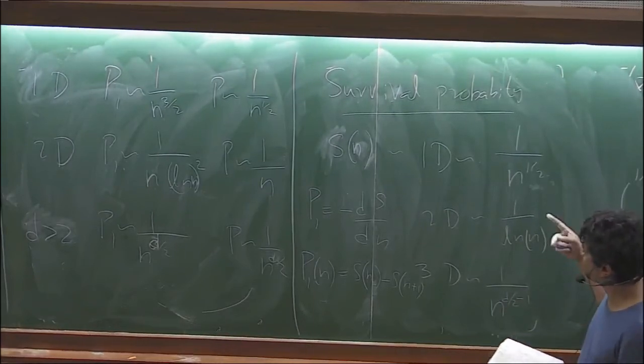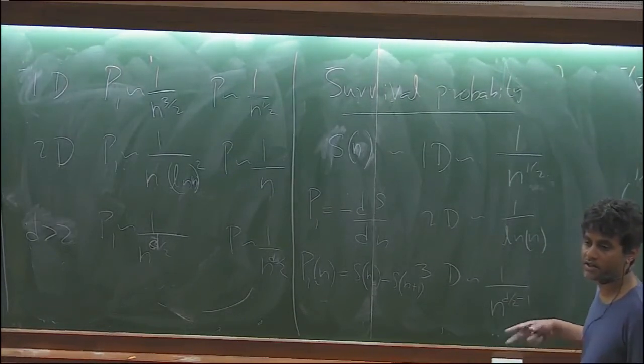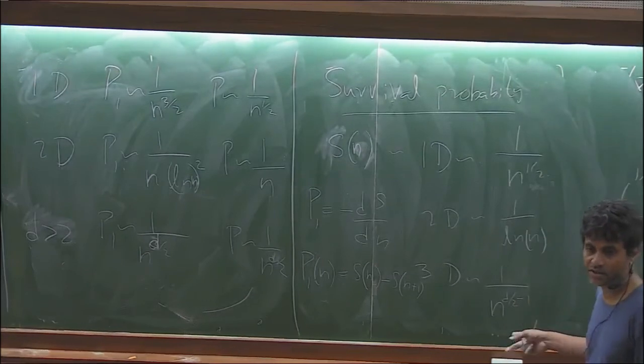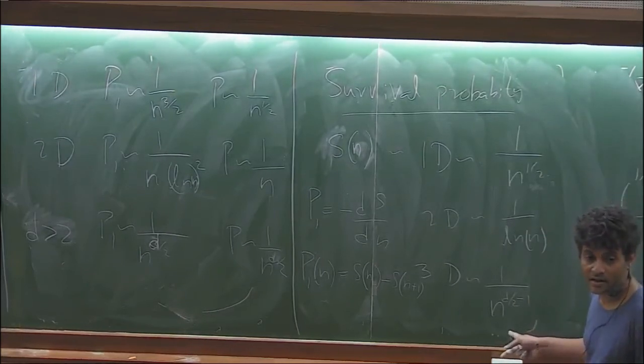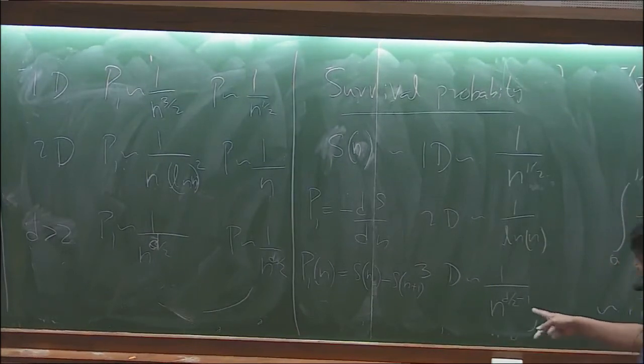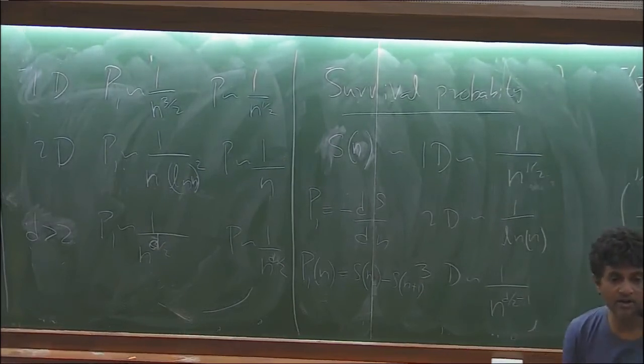In 1 and 2D the probability goes to 0, and in 3D, this should go to a finite number. Okay, so why is it not that, right? This gives the probability that, given that a particle gets killed, what's the probability for such particles? It's the survival probability till time n.